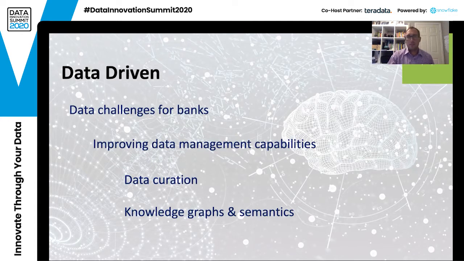To give a bit of background for why these are so important, I'll focus on the challenges that banks are facing, the obstacles that make these areas difficult for us. Then, why it is so important to improve these data management capabilities, and how they are formed to enable your capabilities to leverage AI, machine learning, and data analytics.